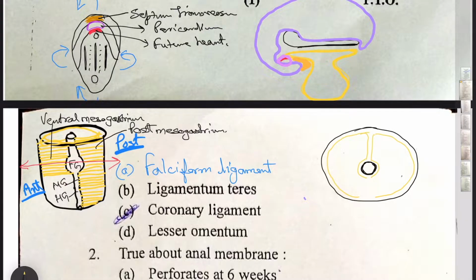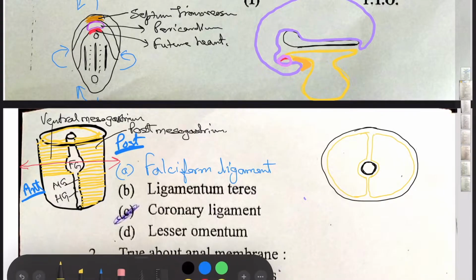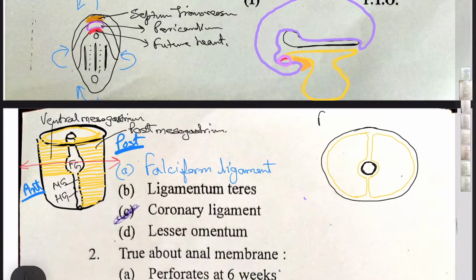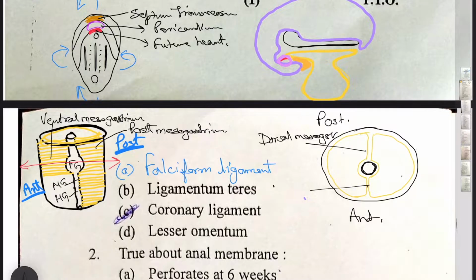I'm talking about the foregut region, remember, not the midgut, not the hindgut. That's why we've taken a section from above at the region of foregut. So this is the posterior, and this is the anterior. This is dorsal mesogastrium, and this is ventral mesogastrium.